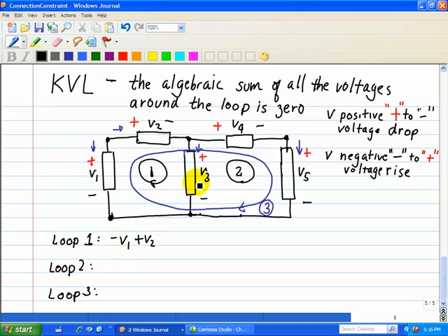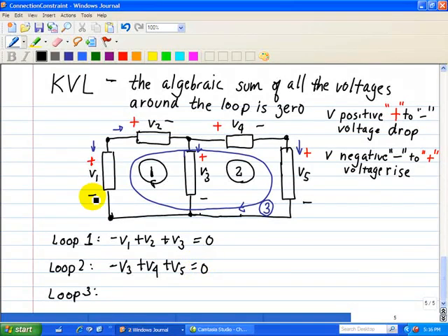And then here we're entering V3 with a positive, so that's a positive V3, and that's equal to 0. For loop 2, we're going to start right here, and we're going from negative to positive, so that's a negative V3. Then we're entering a positive V4 and a positive V5, and that's equal to 0.